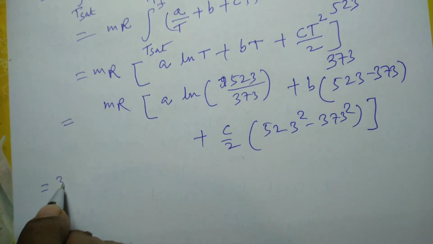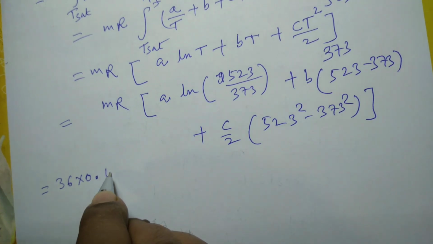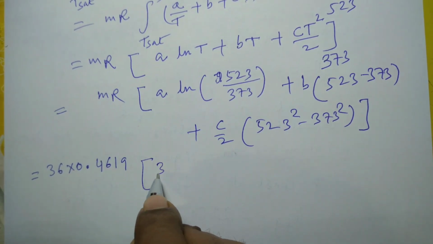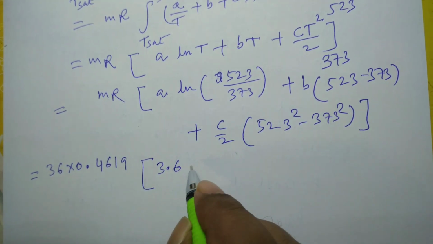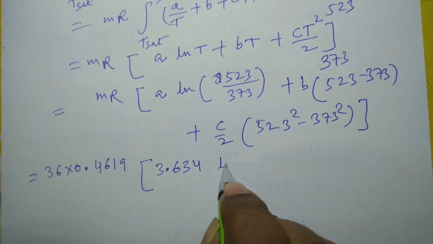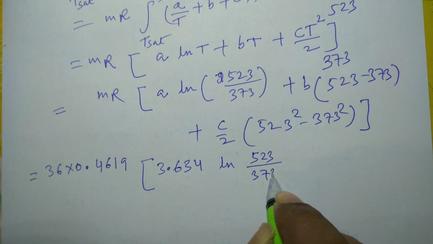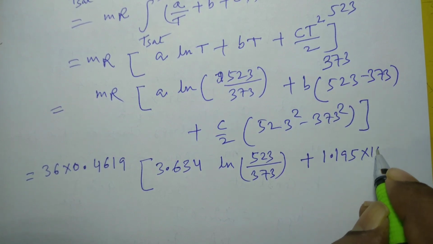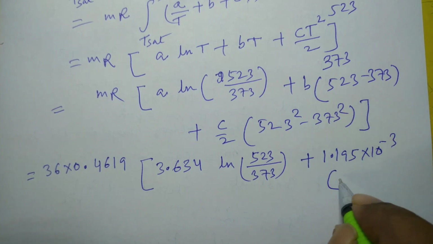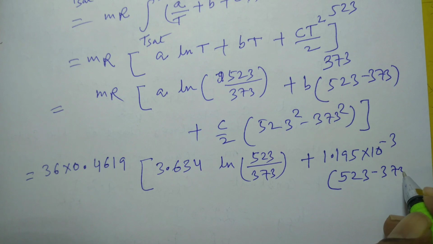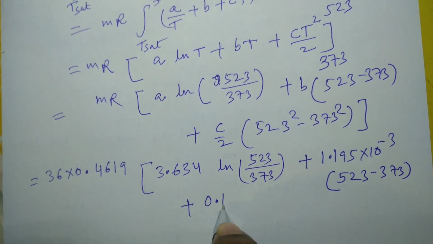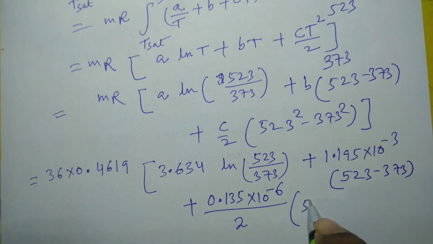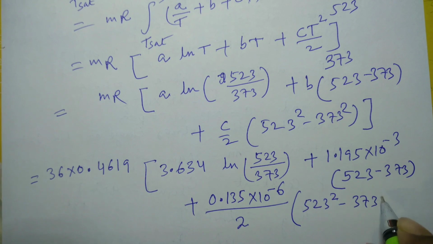So this is equal to 36 multiplied by 0.4619 multiplied by, putting the values of A, B and C as given in the question, 3.634 ln(523 divided by 373) plus B, the value of B is 1.195 multiplied by 10 to the power minus 3, times (523 minus 373), plus, in place of C I will write 0.135 into 10 to the power minus 6 by 2, times (523 square minus 373 square).